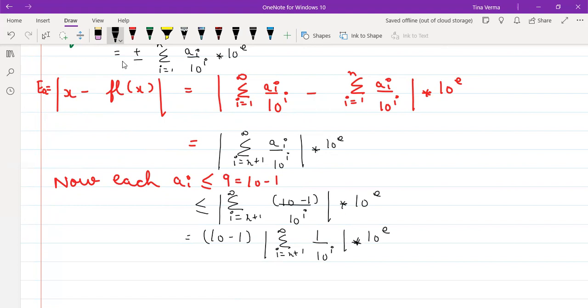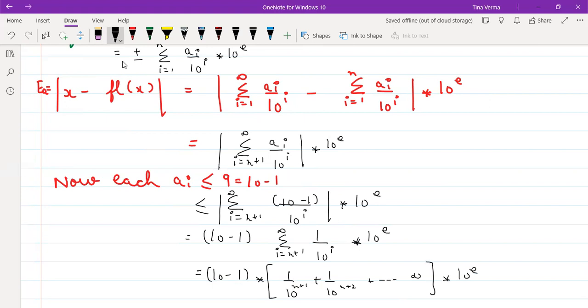When you sum up something, should you consider the modulus or not, is there any problem? Because you are summing up positive things, that means this is equal to this, right? So can you see what this is? If I write like this, this is 1 by 10 to the n plus 1, 1 by 10 to the n plus 2.